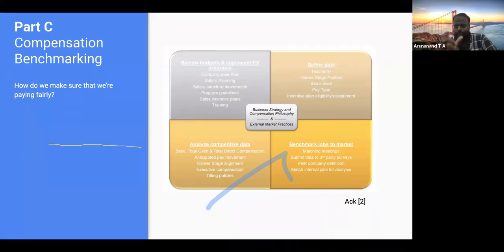The university's name is AHLC, Aon Hewitt Learning Center. They conduct a course on rewards, that is compensation, known as CRP, Certified Rewards Professional.